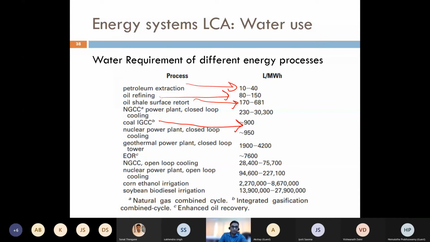But if I talk about biofuels like ethanol or biodiesel production, it is many times greater than the conventional energy production processes. And this is why LCA becomes important. Some features, like the use of water, could be many times higher when we are comparing these biomass energy processes.